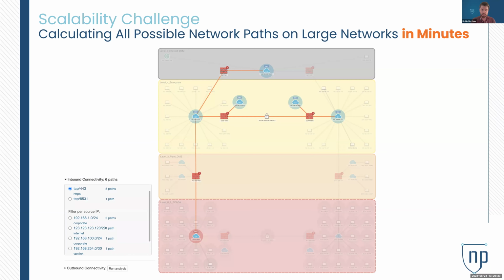So what we do is take each of those config files regardless of where they're coming from. They could be Cisco, Palo Alto Networks, Checkpoint, Fortinet. We model those and then we compute all the paths. That works really well for a few dozen firewalls. But when we get to very large networks of hundreds or even thousands of network devices, we encounter a scalability challenge. How do we compute all the possible paths end to end in a state space that could explode because of the sheer size of the network?